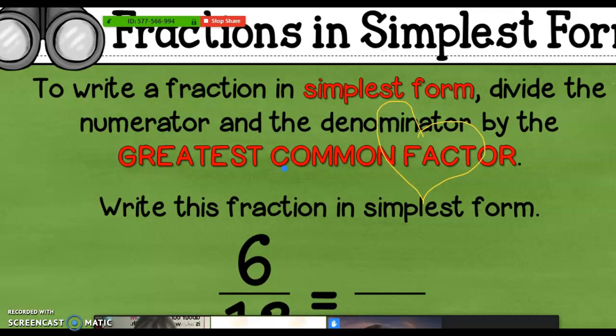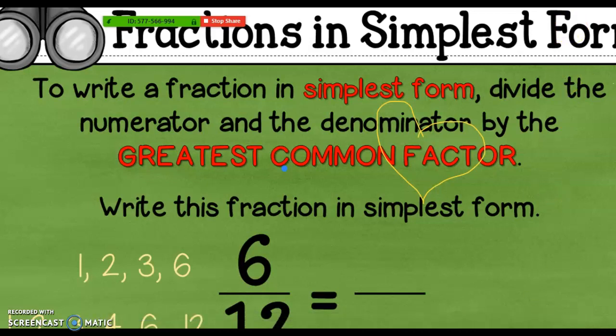It's 6 over 12. We have to look at the factors of 6, which are 1, 2, 3, and 6. We have to look at the factors of 12, which are 1, 2, 3, 4, 6, and 12. Sorry, I'm just trying to get my screen here. So now we have to find the greatest common factor. What's the greatest common factor here? Well, the greatest common factor is 6.